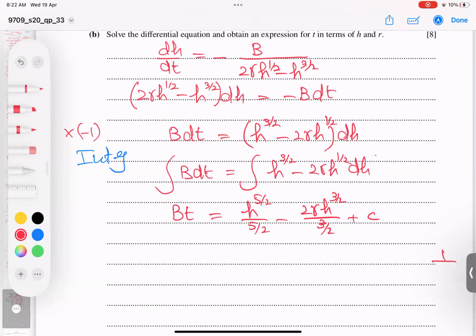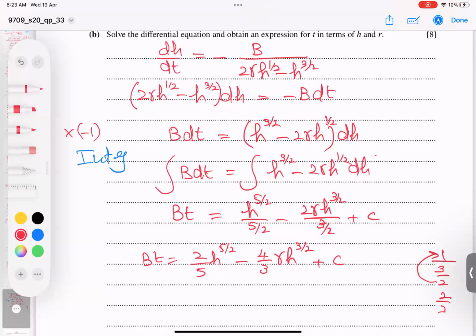And 1 over 3/2 flips, it goes up 2 by 3. So this both flips, which means bt is equal to 2/5 h^(5/2), and this 2 will flip up, so 4/3, and sorry, r also there, h^(3/2) and plus c.